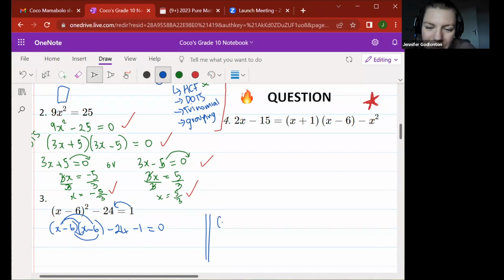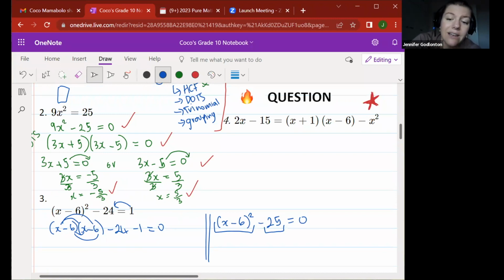So another way we could do this question is we've got x minus 6 squared, and then if you move your 1 over, you'll have minus 25 is equal to 0, right? Yes, ma'am. Okay. This is one term. This is one term. So there are two terms. They are both squares, and there is a minus sign. So how can I factorize that?